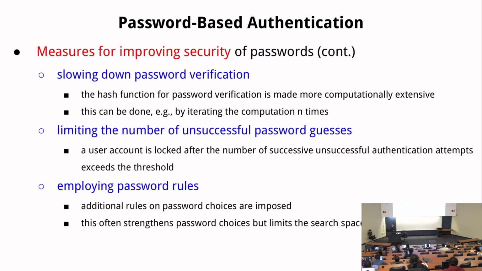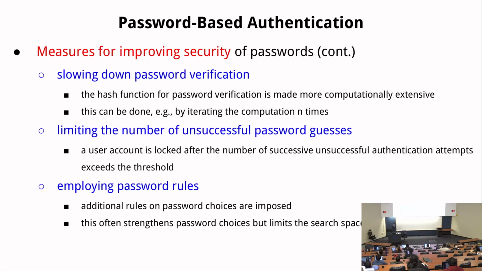So we also have other measures to improve the security of passwords. First, which all systems use right now, is to limit the number of unsuccessful password guesses. I think the iPhone has this limitation. If you guess too many times with the wrong password, the iPhone will be locked forever, so you cannot use it anymore.